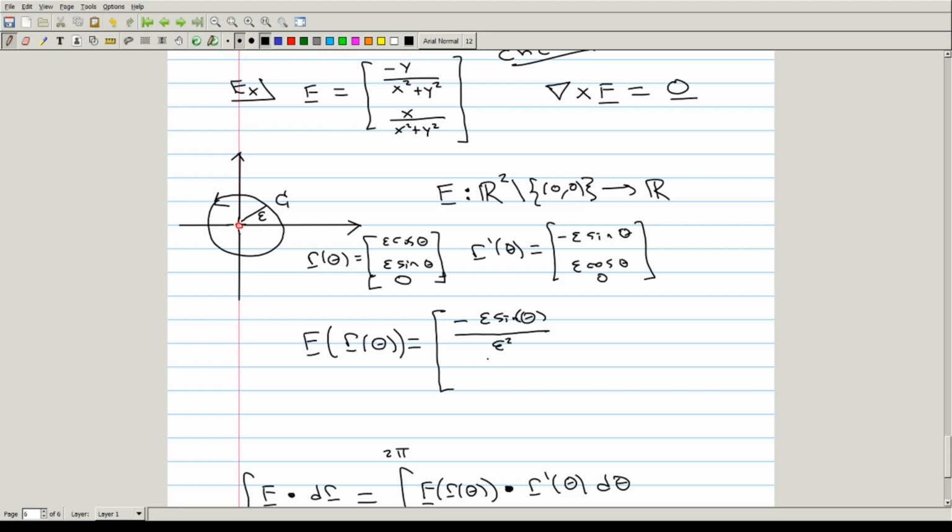We'll have epsilon sine theta, it'll be positive epsilon cosine theta, that's the x coordinate, over epsilon squared.